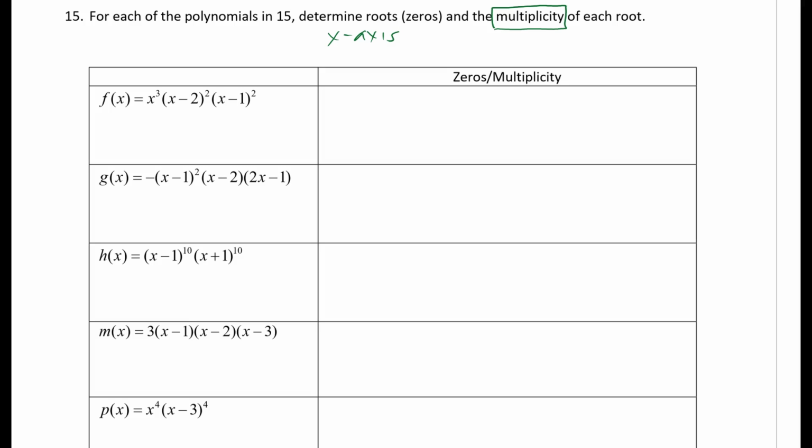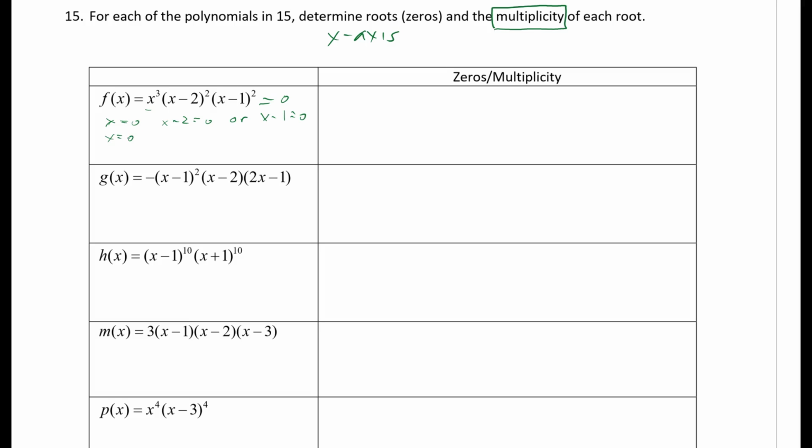So to get the roots, we have to set this polynomial equal to 0. That's what it means to find the roots. And if a bunch of things multiply together equals 0, that means at least one of them has to equal 0. So if we did that here, we'd have x equals 0, or x minus 2 equals 0, or x minus 1 equals 0.